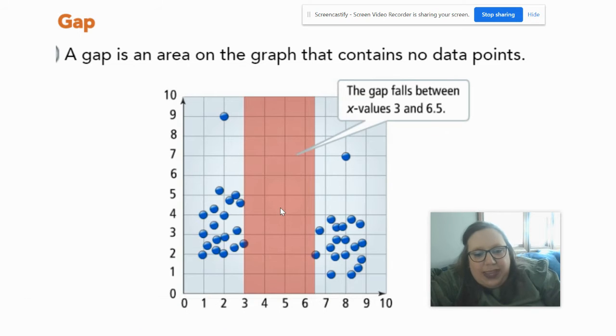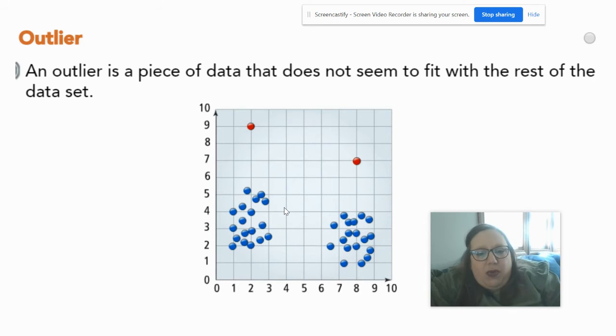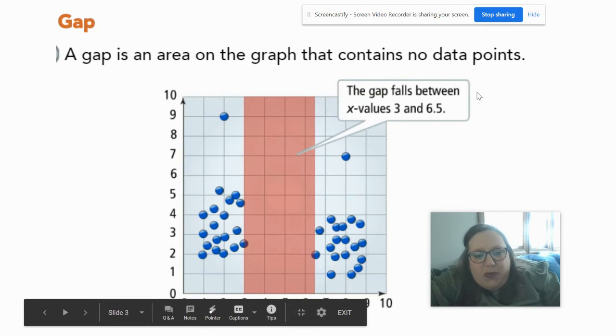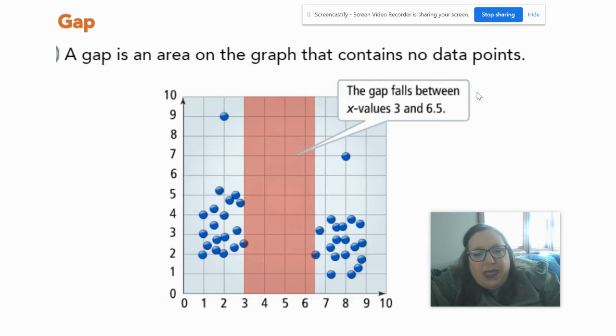If there was only one data point in here, that would probably still be considered a gap. So gaps are where there are little or no data points. We can see here in the red, the gap falls between 3 and 6.5 for the x values. And then you can even say that there's a gap between 5 and 7 for the y values too.